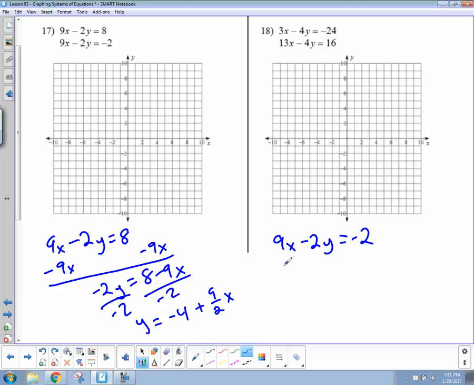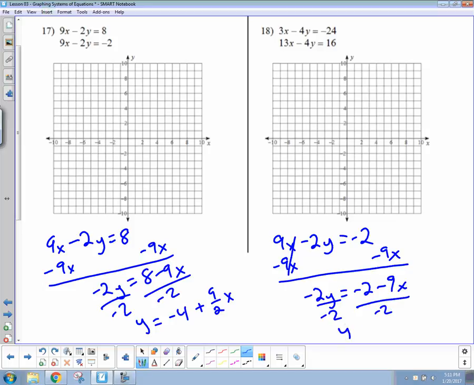Draw a line. Those cancel. -2y equals -2 minus 9x. Divide by -2. Y equals 1. Negative make a positive, 9/2. And again, we have parallel lines because of the slopes being the same thing.